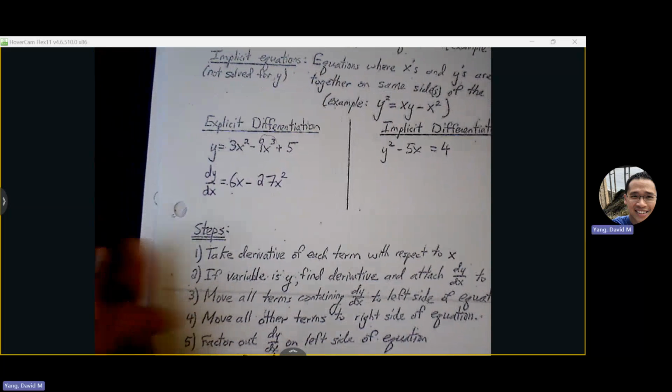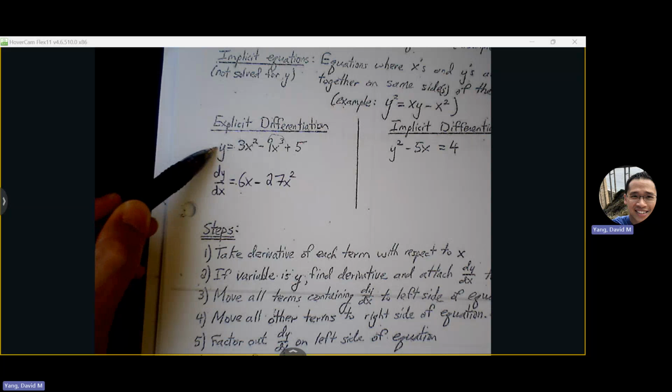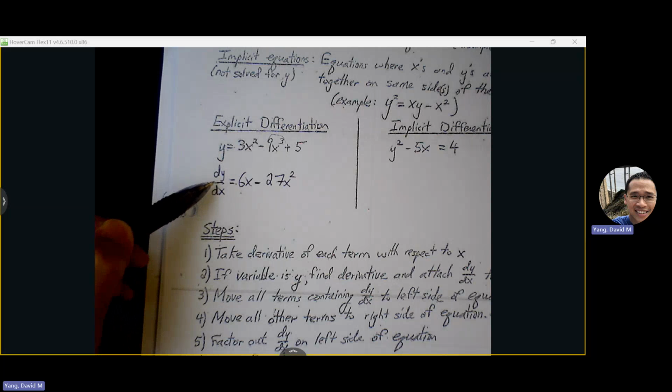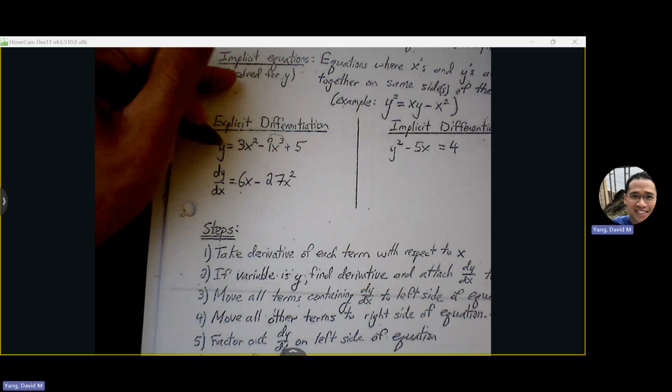Now, technically we are finding the derivative of this y variable, but up to this point, we never had to worry about anything additional. It just feels like notation: y becomes dy dx, or y becomes y prime. But technically, we are finding the derivative of y because y is a variable to the first power. Just like x's derivative is 1, y's derivative is 1.